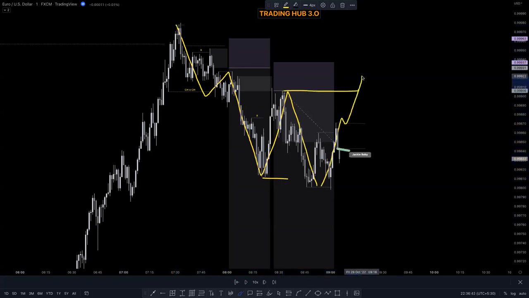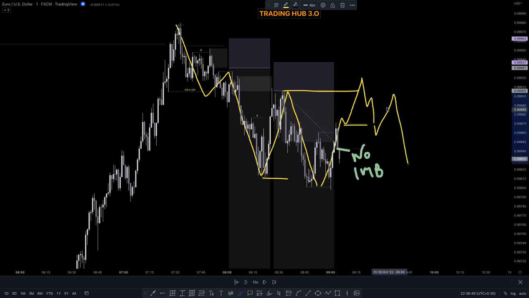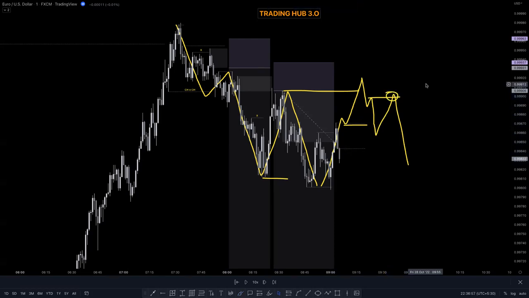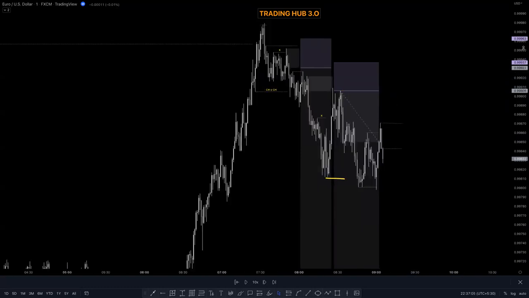After it breaks this high, then you can sell after change of character again here, right? Then you have to wait here, take and break this one, then you can sell here, right? So these two possible zones here for sell, right? But let's see what happened next here.